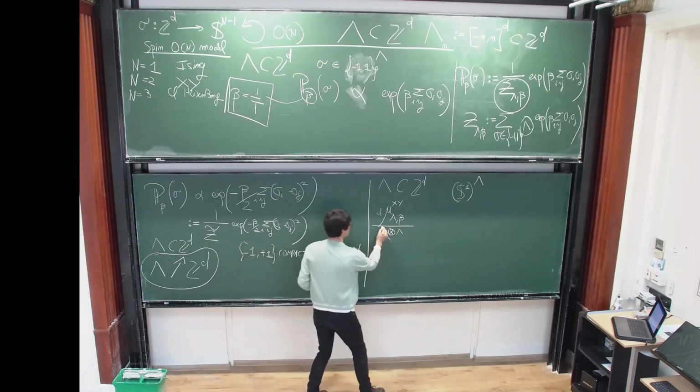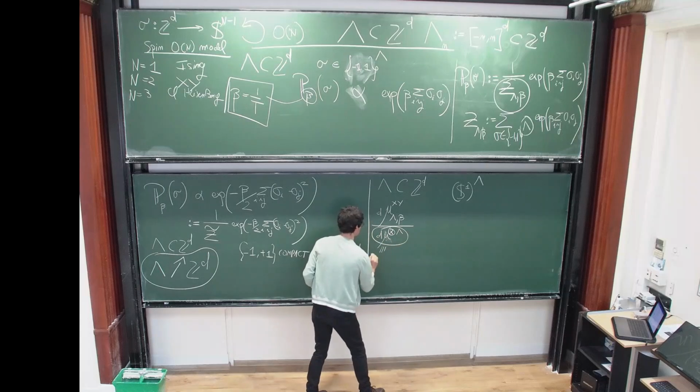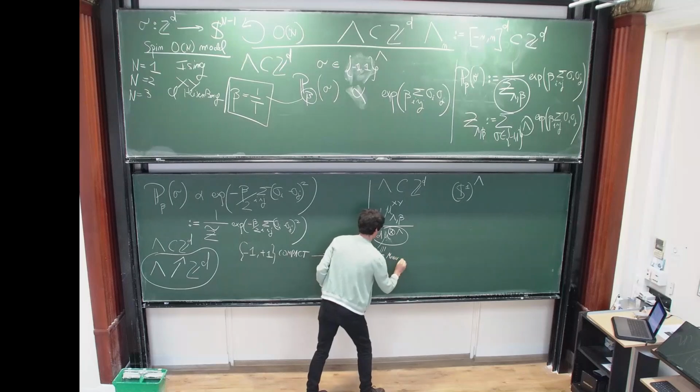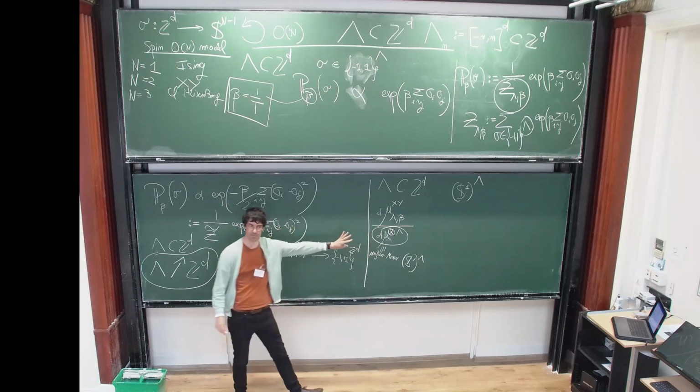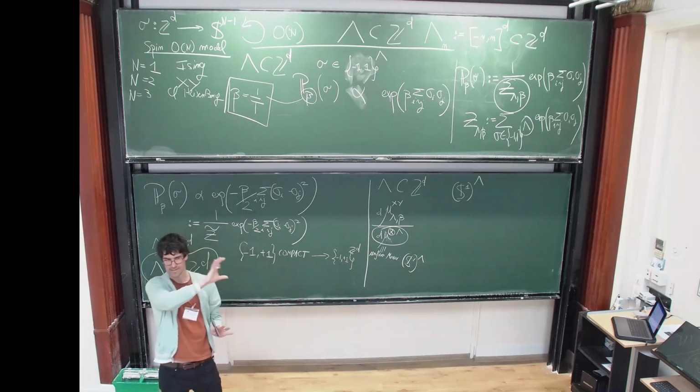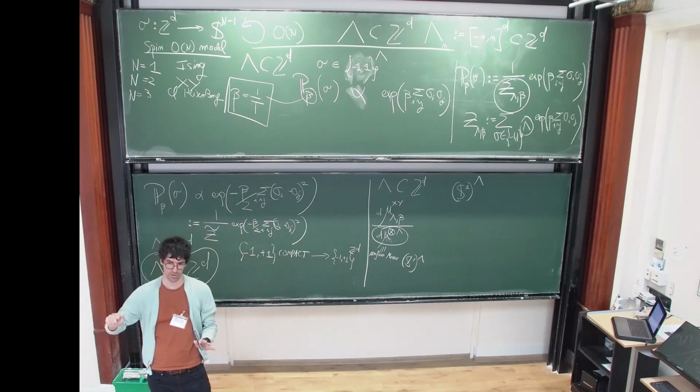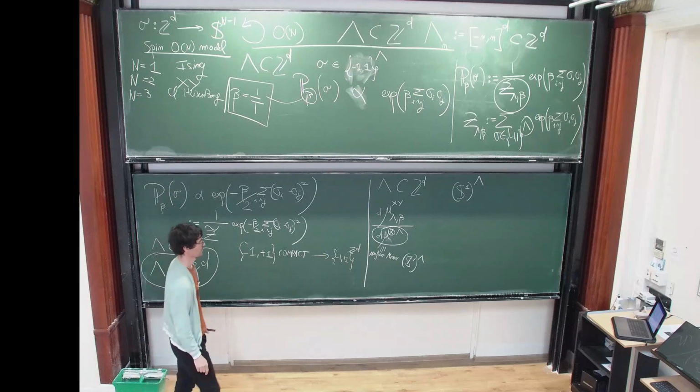So if you wish, this is the uniform measure on the state space S1 to the power lambda. So it's a very simple measure. Each point is sampled independently of the others, uniformly on the unit circle.